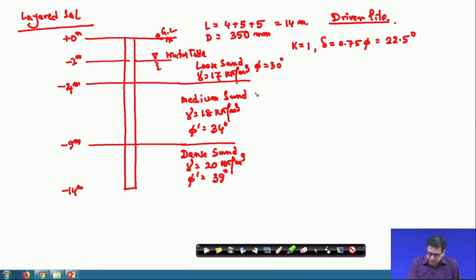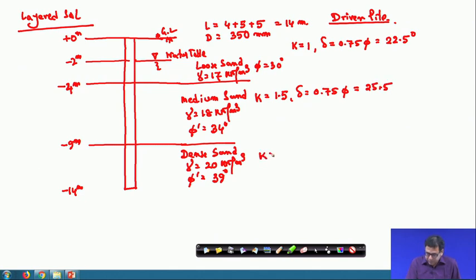For the second layer, it is medium sand, because K value is 1 for loose sand and 2 for dense sand. So, for medium sand I am taking 1.5, and delta value is again 0.75 of phi, so that is equal to 25.5.